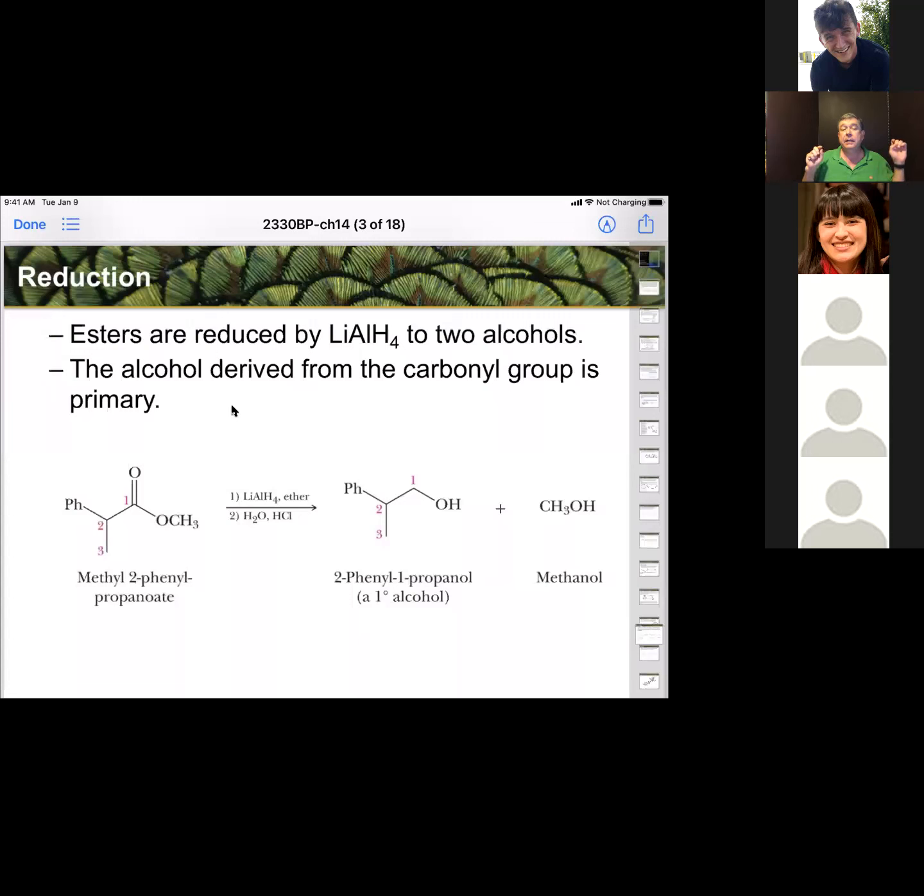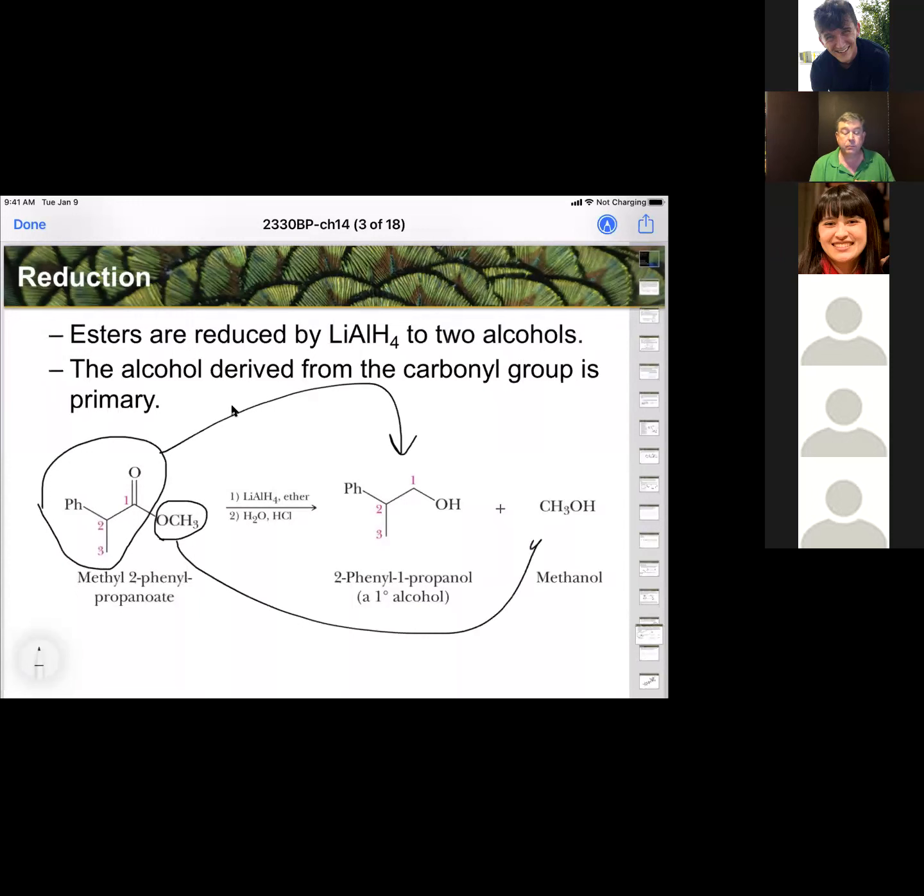Okay, notice in addition, when we use that, we're going to take that ester and we're reducing off the alcohol as well. So whenever we have a reduction of an ester, we end up with 2 different alcohols. We end up with the alcohol generated from the side that was the carboxylic acid here, and we end up with the alcohol that was what we would call the alcohol on the ester.